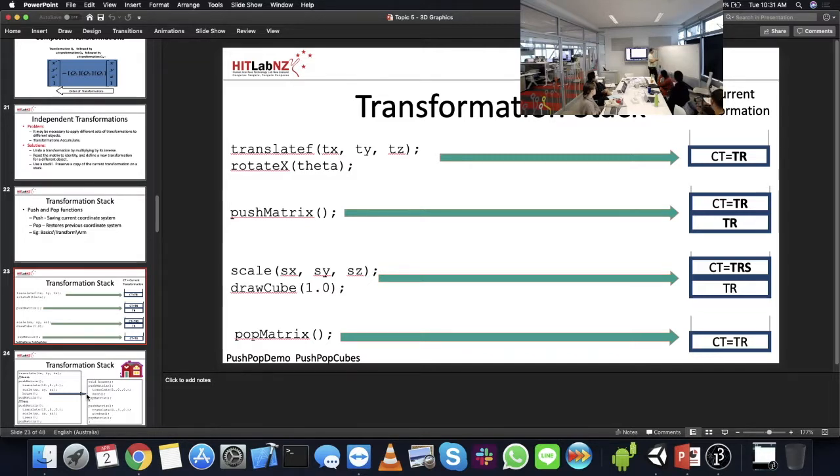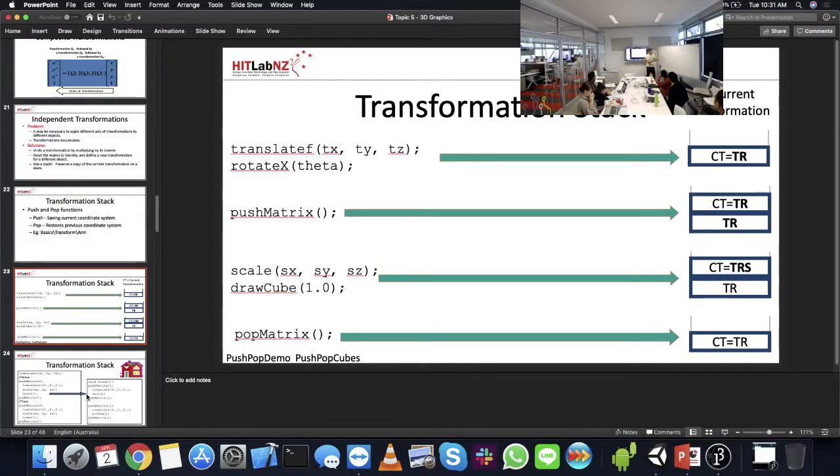So now our current transformation, God, I'm making this really hard for myself, is a translation plus another translation plus a rotation plus another translation. And then we draw another shape.